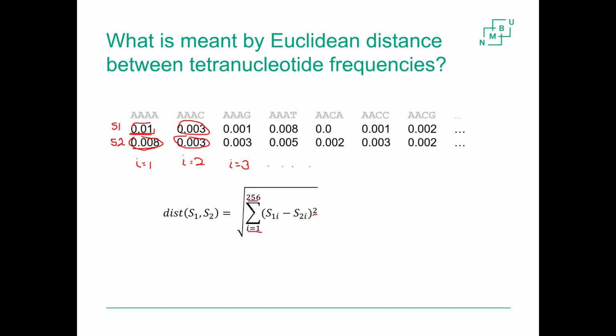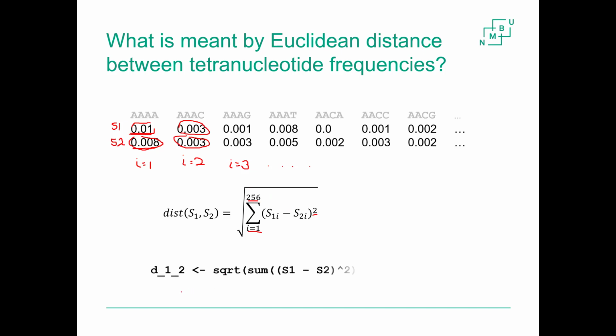And this is the normal distance, right? We call it the Euclidean distance, but this is how you measure distance in normal life. Actually, it's the length of the straight line between two points, and these are the coordinates of the points. So think of these as coordinates of points in a 256-dimensional space, and then you compute the distance like this.